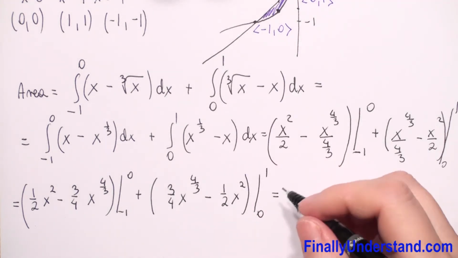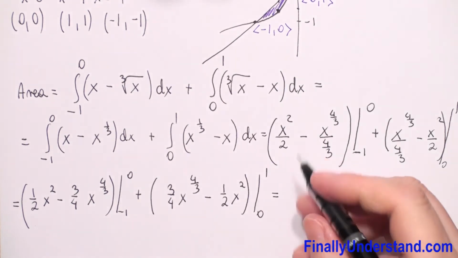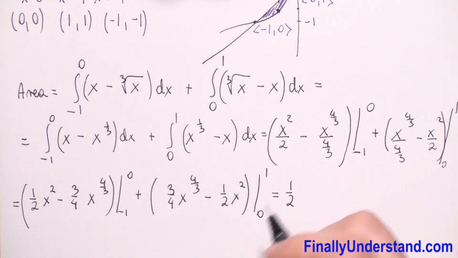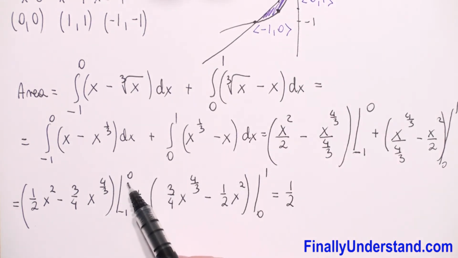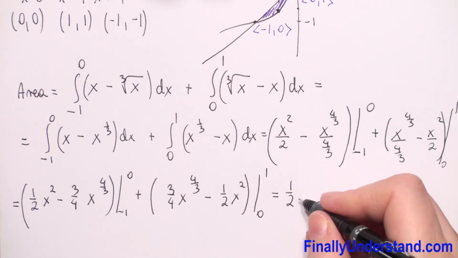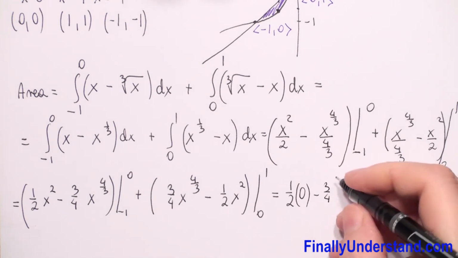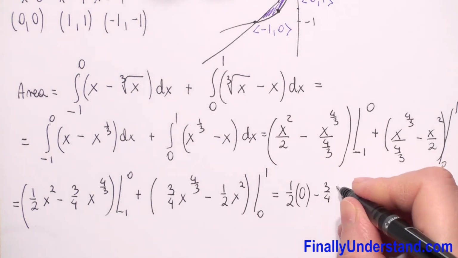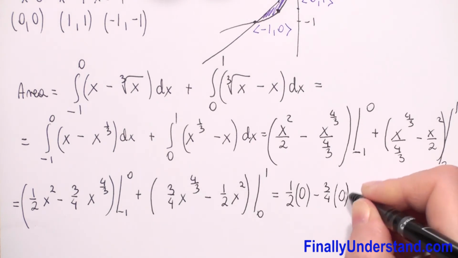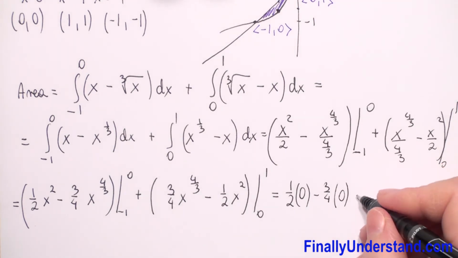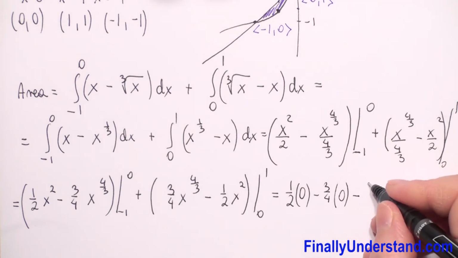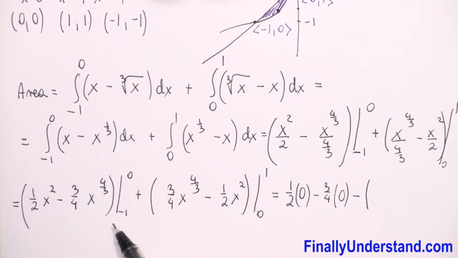This is equal to 1/2 times the upper limit 0 squared, which is 0, minus 3/4 times 0 to the 4/3 power, which is still 0. We have minus, and now we plug in the lower limit.